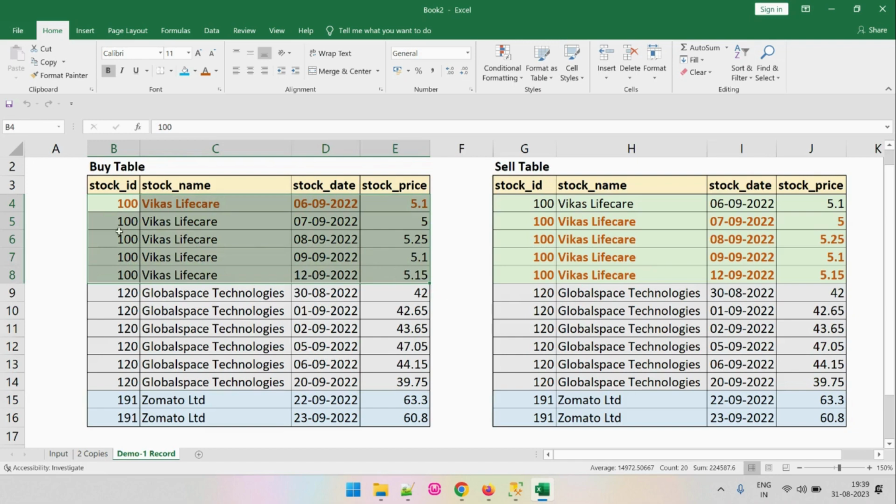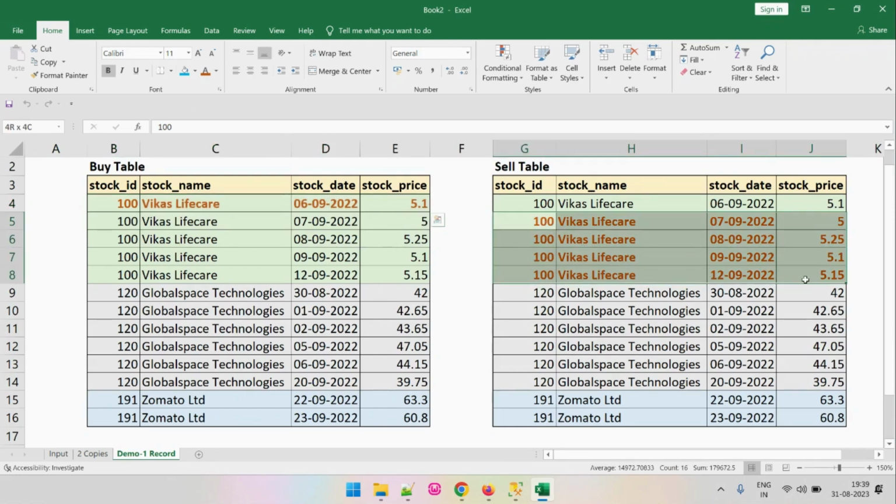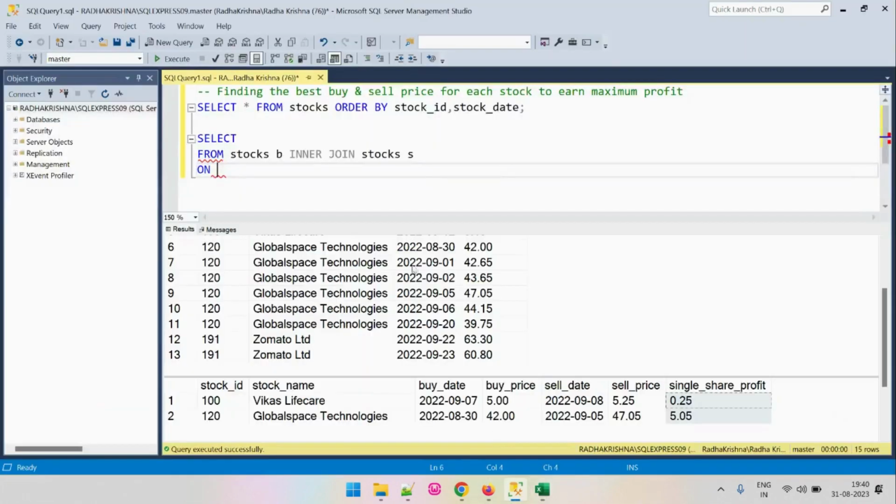So these two criteria we will have: the joining criterion on the stock ID, and the second on the stock date. So that for each record, for example this record, the corresponding records from the sell table will be these ones which are highlighted. So we will write the join condition.